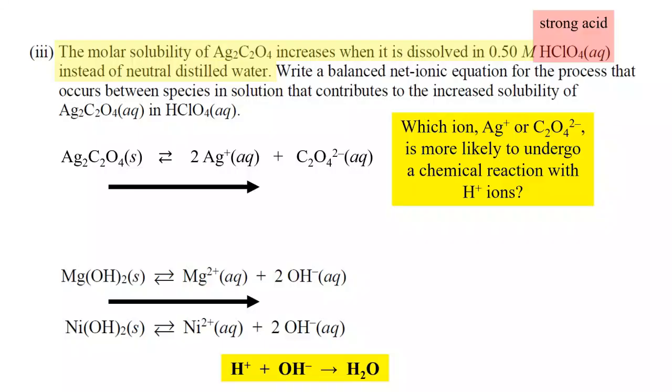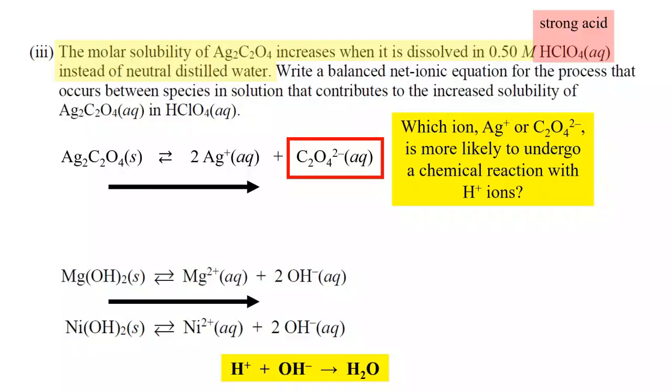So earlier we saw H plus reacting with OH minus to make water. So I would say that if anything's going to react with the H plus ions, it would be the negative ion. So not Ag plus reacting with H plus, but oxalate, C2O4 2 minus, reacting in a similar way to hydroxide, acting as some sort of proton acceptor.